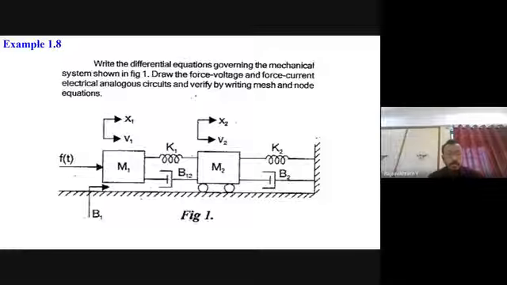First draw the diagram. Put the first title, force voltage analogy. After that, we can go to the force current analogy.